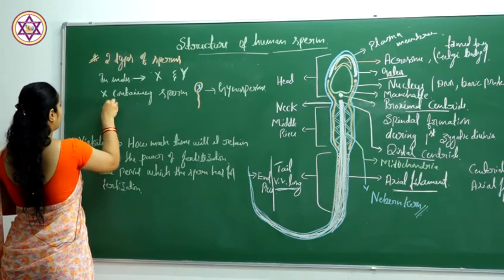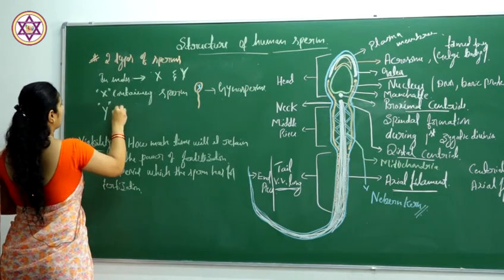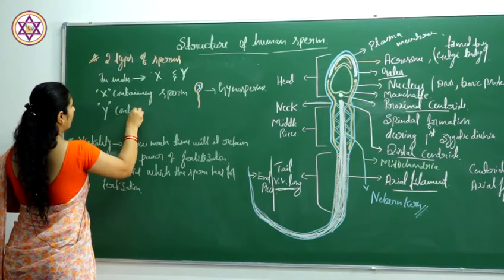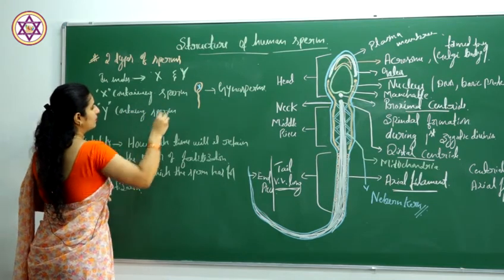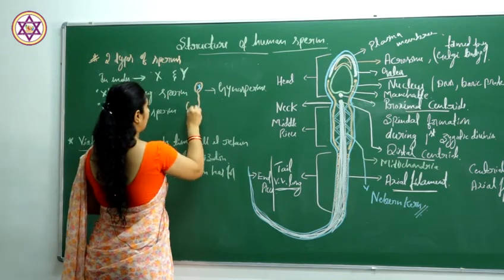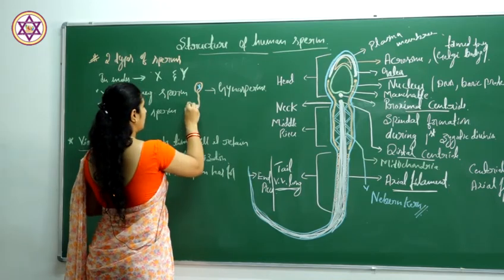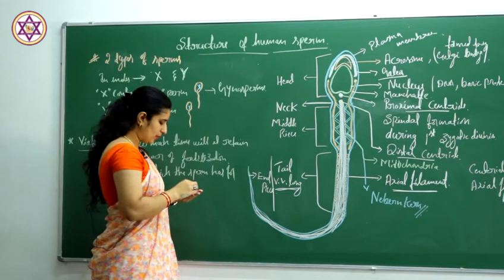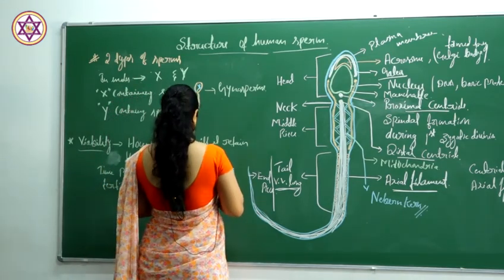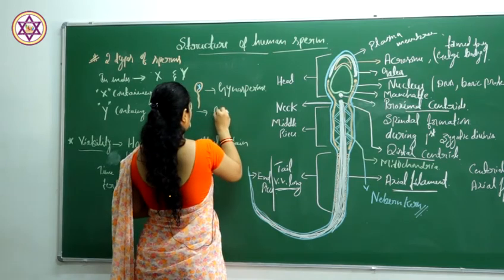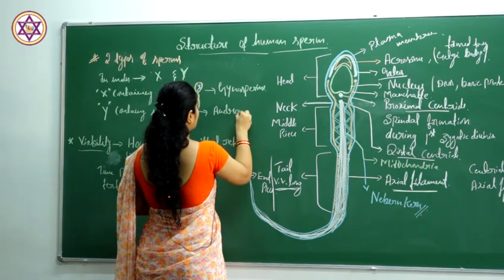Next, the Y-containing sperm is called an androsperm.